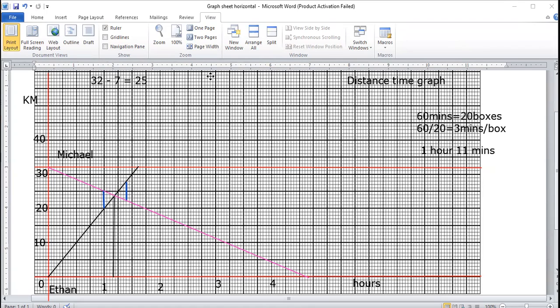So I'm taking this first line and connecting it straight downward. So first of all, at 1 hour, they are 5 kilometers apart.